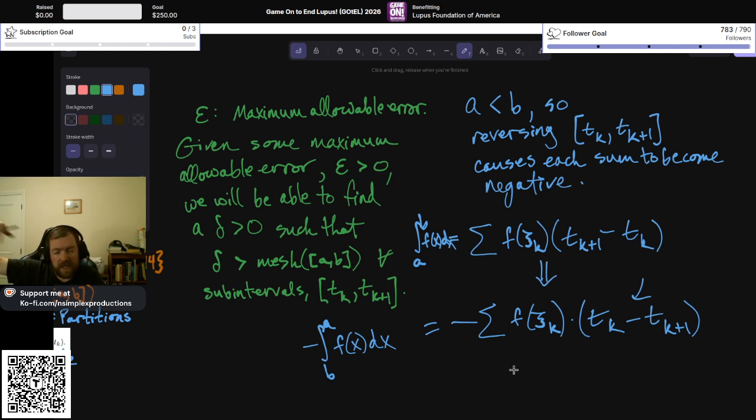So instead we kick the negative out front, and it becomes the negative sum of all this stuff. Then that sum now becomes an integral, again, just like how we always had it. Take the integral from b to a of f of x dx, and then we've got the spare negative sitting out front, so it gets utilized in that way, right? Make the whole rest of the expression negative.